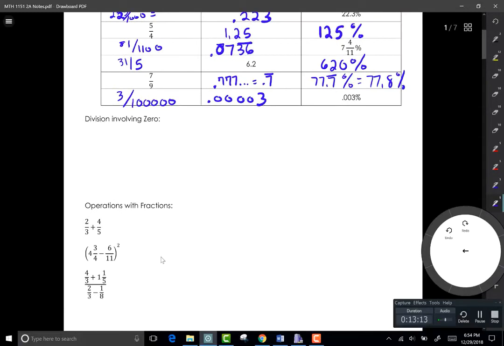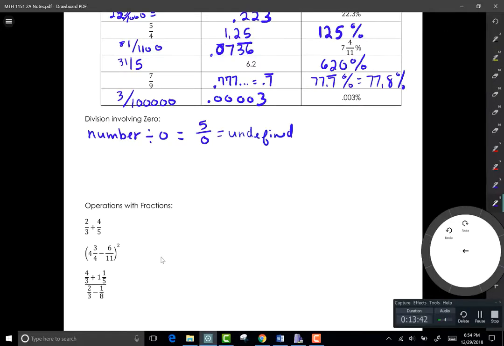Now, with division involving 0, just a quick review. If I have a number divided by 0, and we can write it as a fraction like this. Let's just make up an example, 5 over 0. This is what's called undefined.